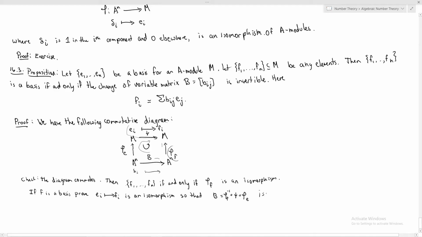Okay, it's invertible. It's a composition of a bunch of invertible maps. And if B is invertible, if I can go backwards, what does that mean?